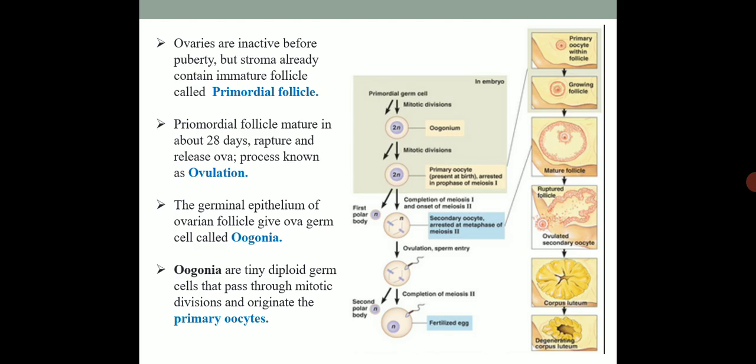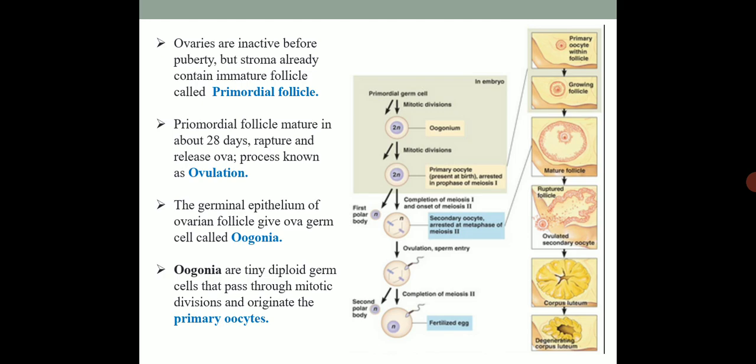Here is the picture. The first picture shows the stages of oogenesis, and in the second picture you can see what exactly happens in different stages of oogenesis with regard to the ovary. The ovaries are inactive before puberty, but the stroma already contains immature follicles called primordial follicles. These primordial follicles mature in about 28 days.